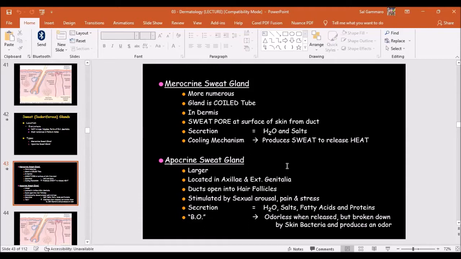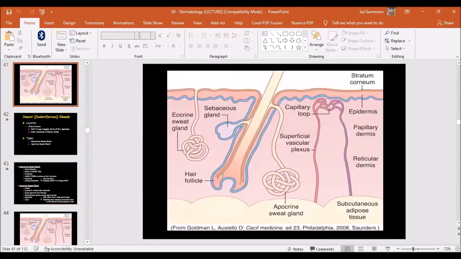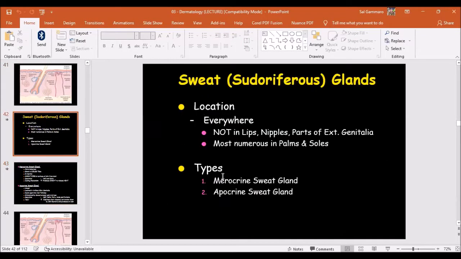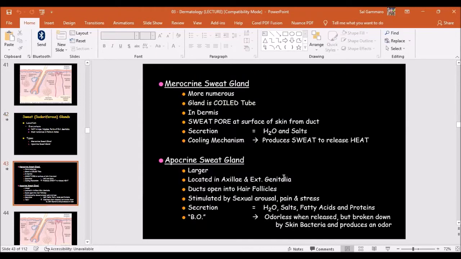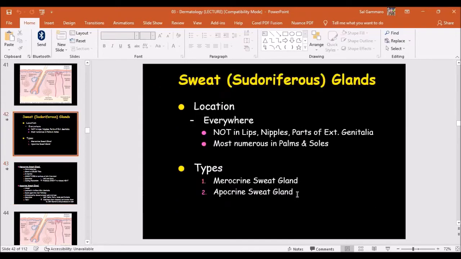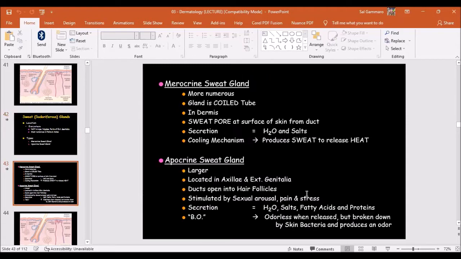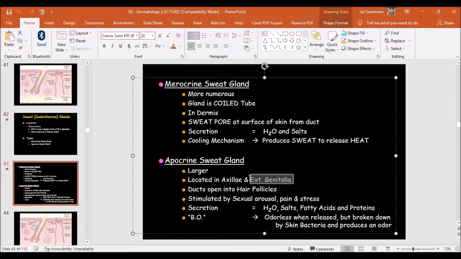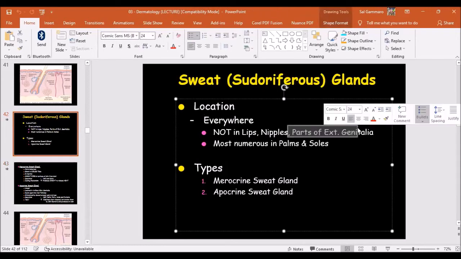Here you're saying sweat glands, not in the lips, nipples, parts of the external genitalia. And then you go down another slide or two, and right there, apocrine sweat gland located in the external genitalia. Go one more slide down. Right here? Yep. So what I'm saying is here, parts of the external genitalia.